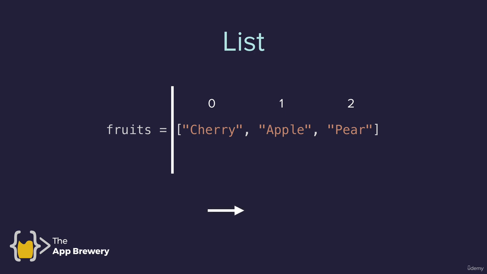But Apple is shifted from the beginning by 1, Pear is shifted from the beginning by 2, and so on. Then it makes more sense that the first item in the list has no offset, so it's 0. And you'll find that in many programming languages, there are similar data structures to lists, and this is how they're usually ordered, starting from 0 and then adding by 1.